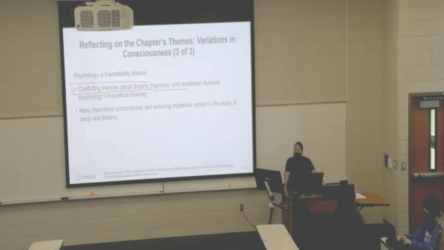We also talked about how the activation-synthesis model would show that the only reason you dream is because your brain is active. So that's more of a neuropsychological model. We have other models that say we dream because we like to rehearse, to practice, to train for events that could happen. So notice that these sound like conflicting explanations of dreams.